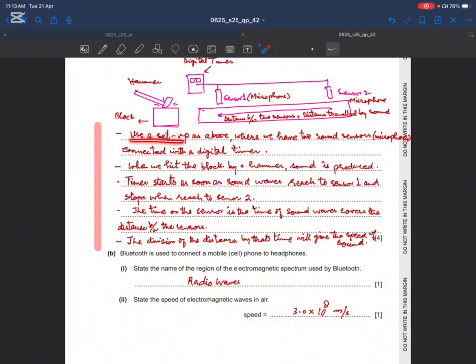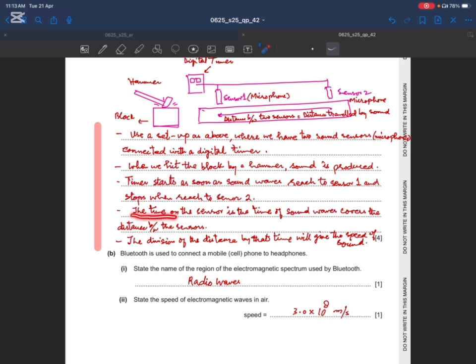Use a setup as above where we have two sound sensors, sort of microphones, connected with a digital timer. When we hit the block with a hammer, sound is produced. The timer starts as soon as sound waves reach sensor 1 and stops when they reach sensor 2.